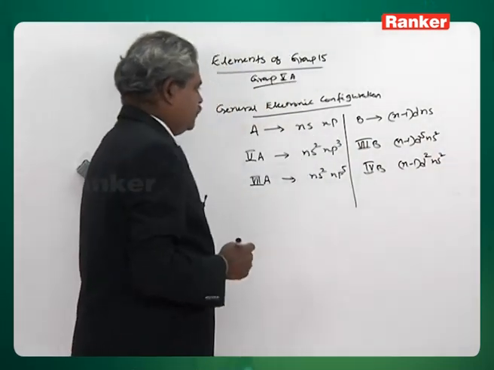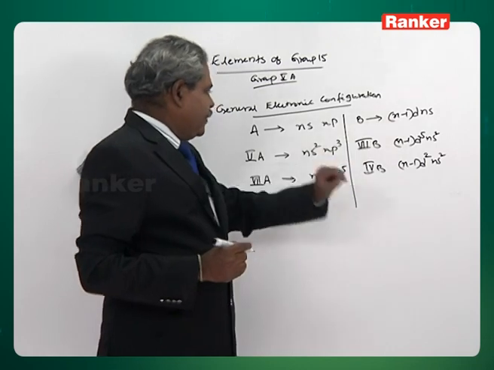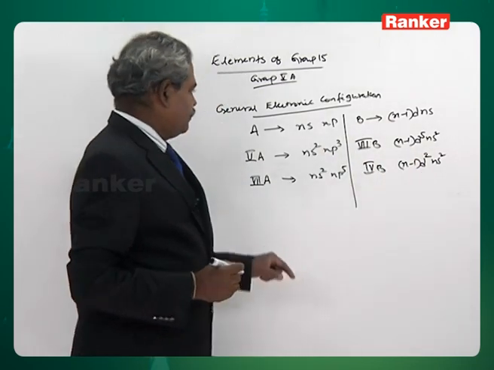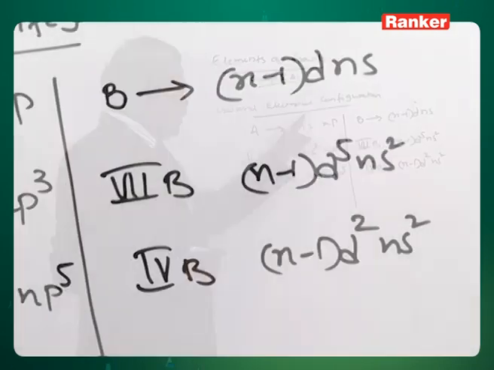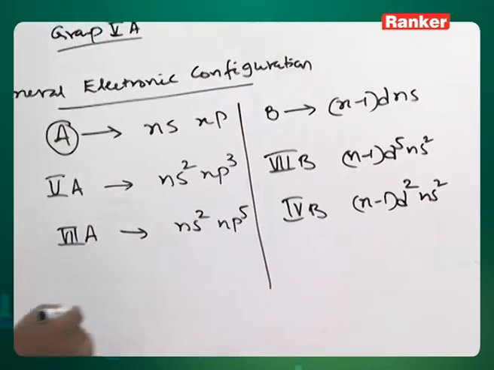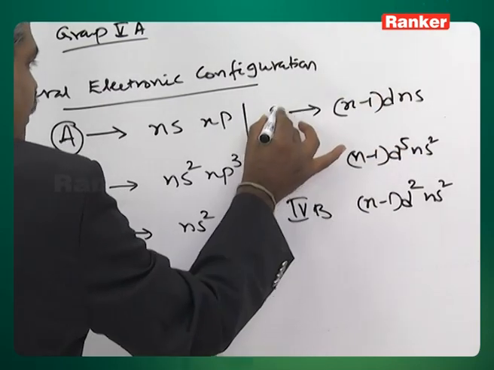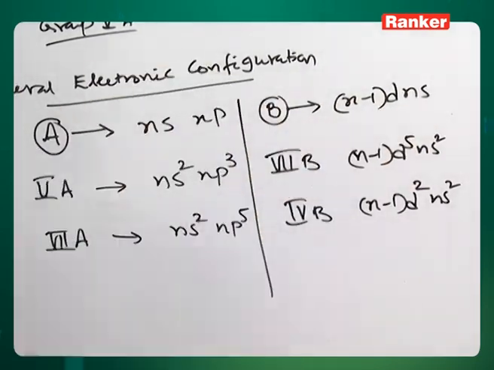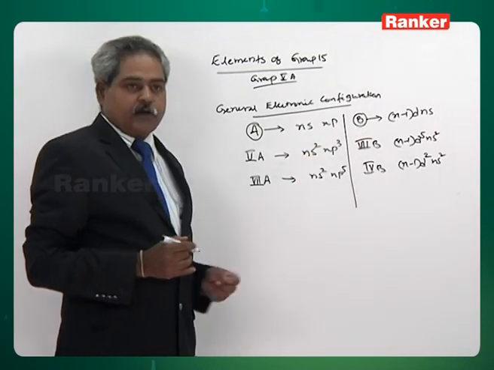Like that, 2 plus 5 is 7B, 2 plus 2 is 4B. If you are using s and p electrons, it is the A subgroup. If you are using s and d electrons, those are the B subgroups. They belong to the d block.